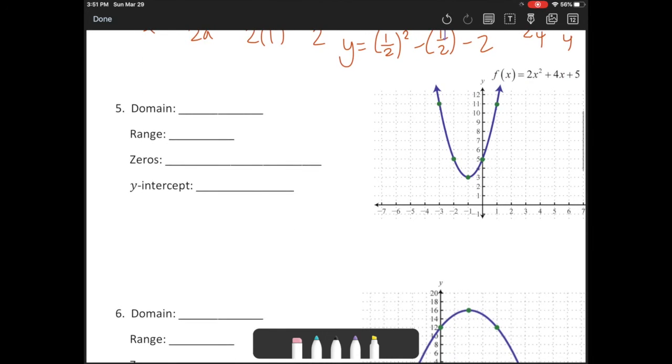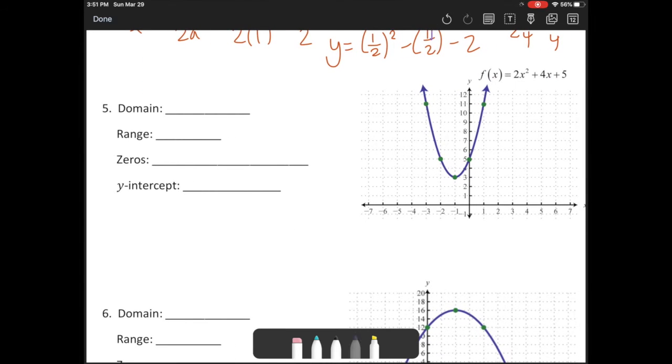Let's take a look at this guy. I don't think this one's going to require as much math as before. So the domain, again, if we kept this graph going forever and ever, we would eventually hit all numbers to the right and left. So the domain is going to be all real numbers. The range goes from 3 up. So y is greater than or equal to 3, because you see there is a dot on 3.